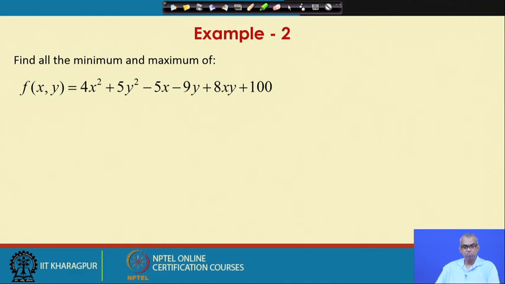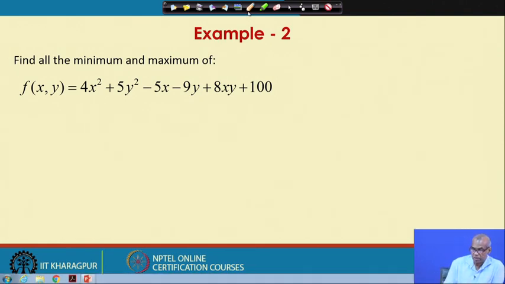Again, let us find out for this function. So, for example 2, we take another 2 variable function of x and y. The function is 4 x square plus 5 y square minus 5 x minus 9 y plus 8 x y plus 100. So, again let us find out the first derivative and set that equal to 0.